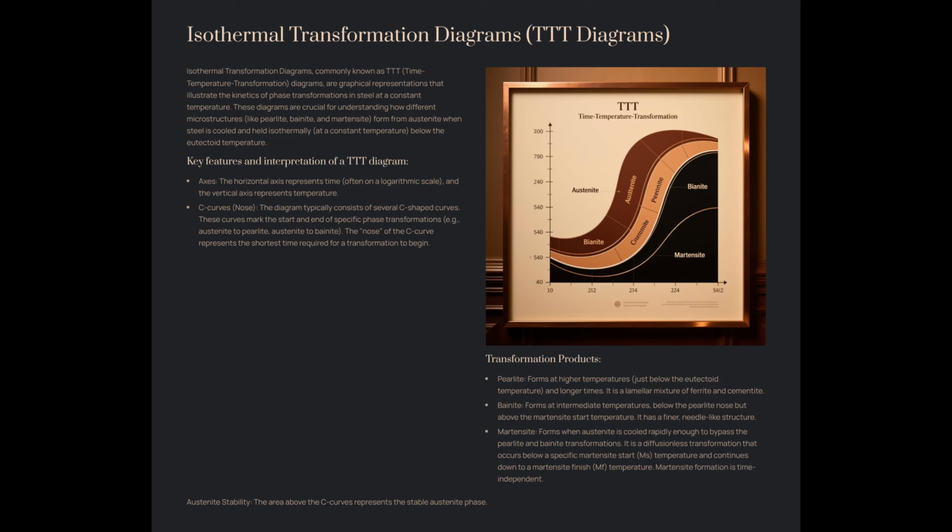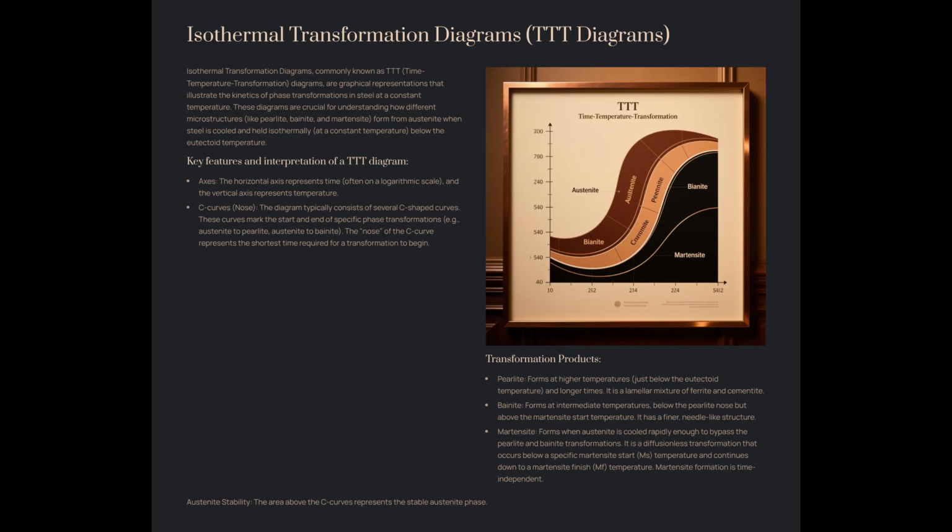Purpose: predict phase transformations in steel at constant temperatures. Components: time and temperature axes, C-shaped curves indicating transformation start and end, regions for pearlite, bainite, and martensite. Application: designing isothermal heat treatments to achieve desired microstructures and properties.